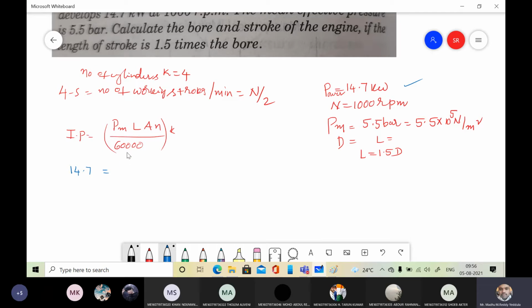So P_m, mean effective pressure, is 5.5 into 10 power 5, and L, I am taking as 1.5 times D, and area is pi by 4 D square, and small n value is capital N by 2, that is 1000 by 2, whole divided by 60,000 into K, the number of cylinders, that is 4.